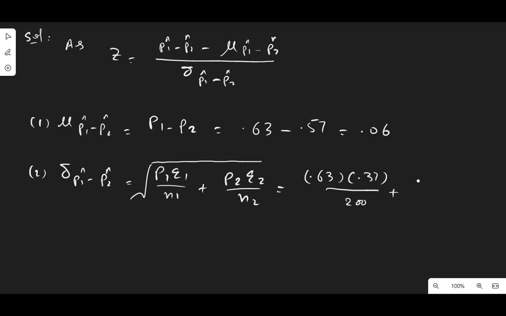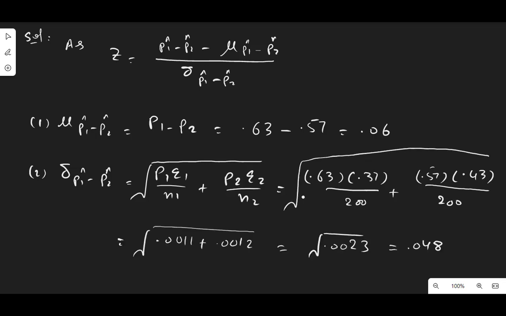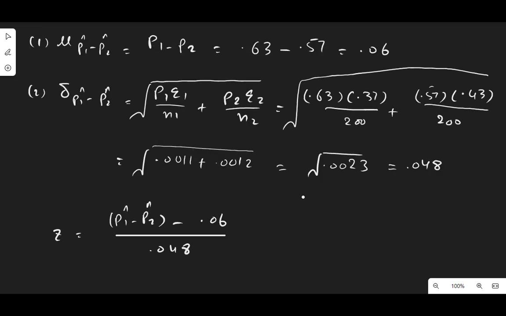Similarly, P2 is 57%, so Q2 is clearly 43%, because 1 minus P is equal to Q, divided by 200, all under root. If you calculate it, you get a value equal to 0.048. So we get Z is equal to P1 head minus P2 head minus 0.06, divided by 0.048.